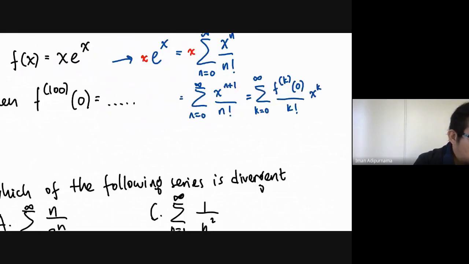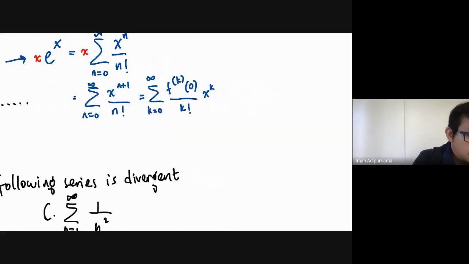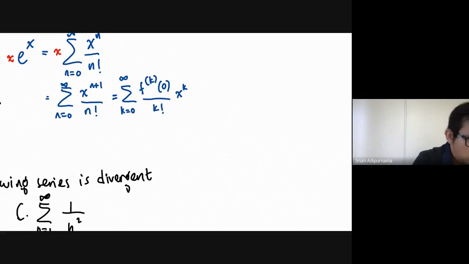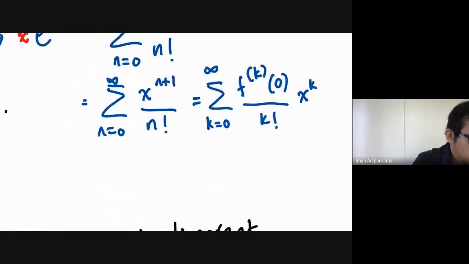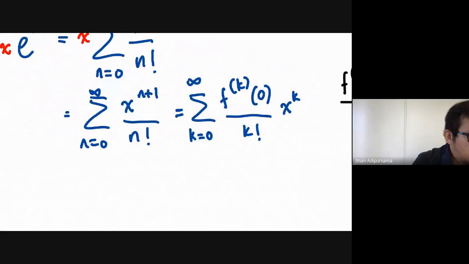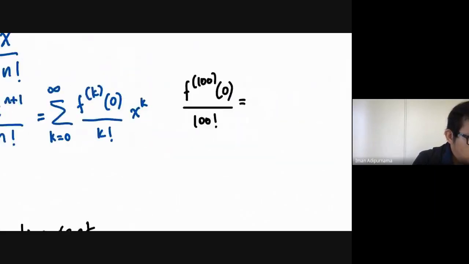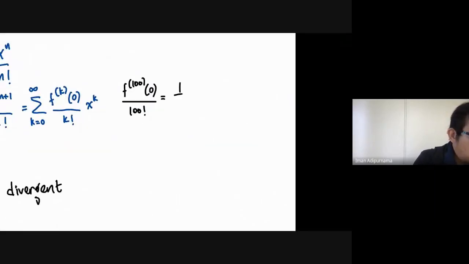So when k is 100, so let me write maybe here. So when k is 100, this is actually equal with, so if k is n plus 1, then this will be 1 over 99 factorial.